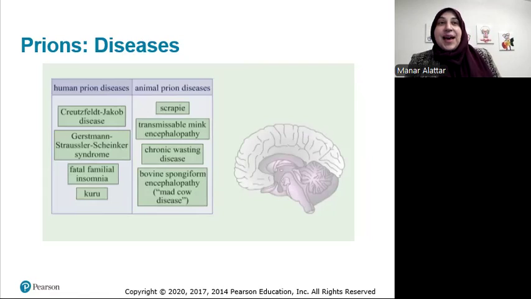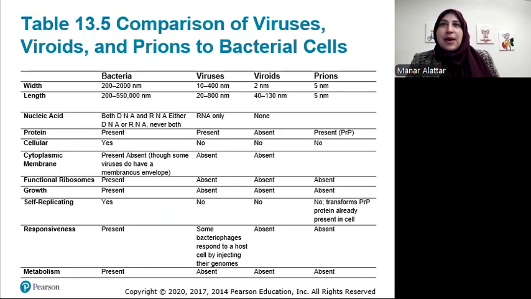That brings us to the end of chapter 13, where we've learned about how viruses and prions are acellular agents that can often be disease causing, and that are different from bacteria, which are living cellular components that have all of the characteristics of life. But viruses and prions are able to impact living systems and cause disease. And so that's essentially chapter 13.